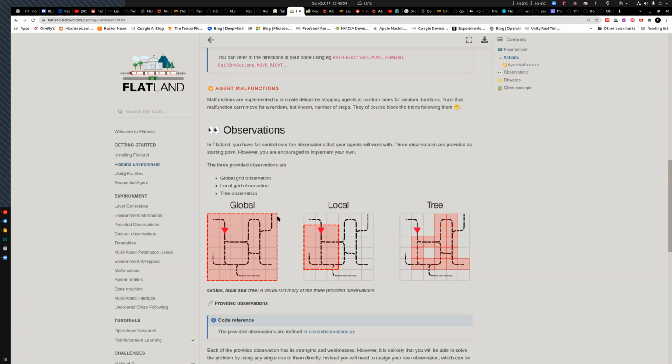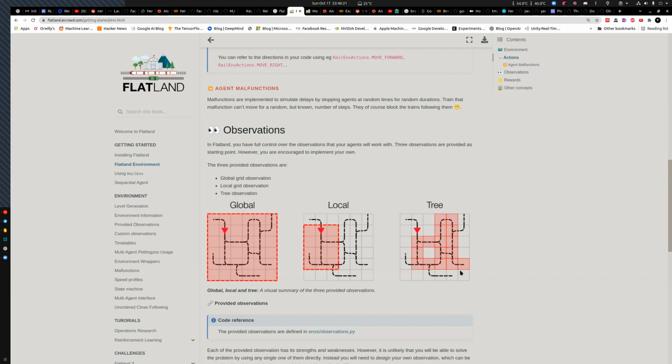So what we do is we implement a kind of tree network at every step of our agent behavior.